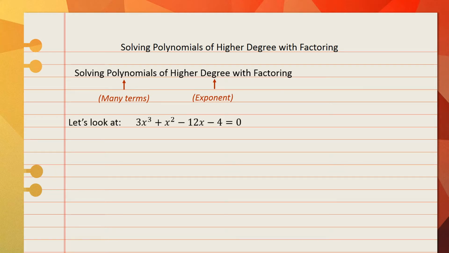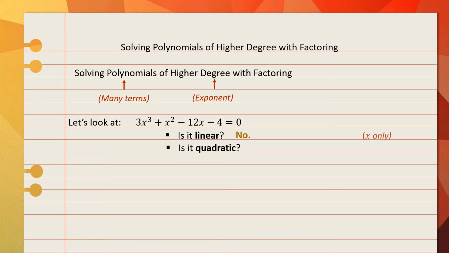So let's look at the following. We have 3x cubed plus x squared minus 12x minus 4 equals 0. Well, is this linear? Remember, linear means you only see an x raised to no power. Nope, not linear.